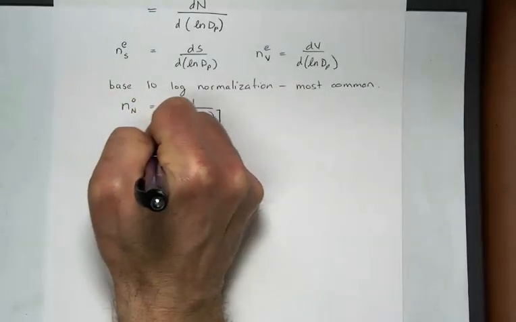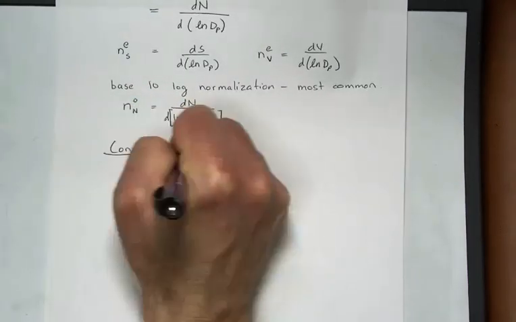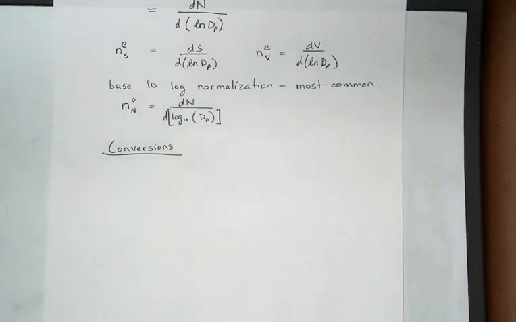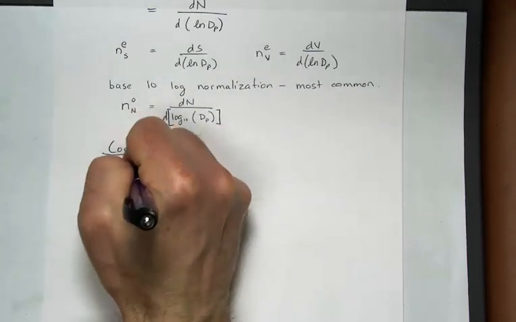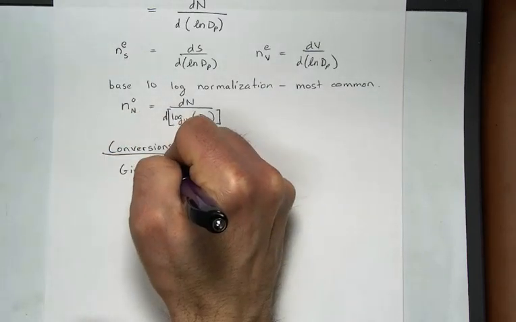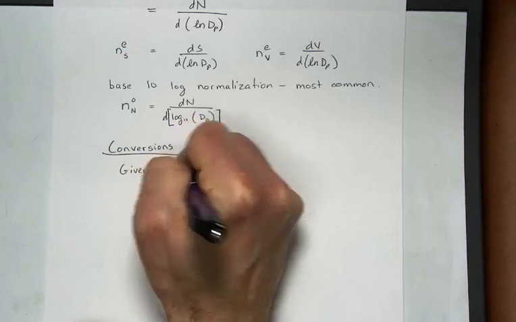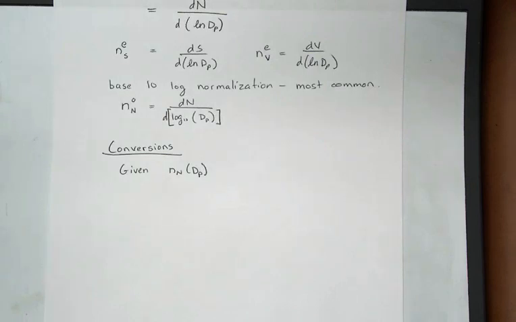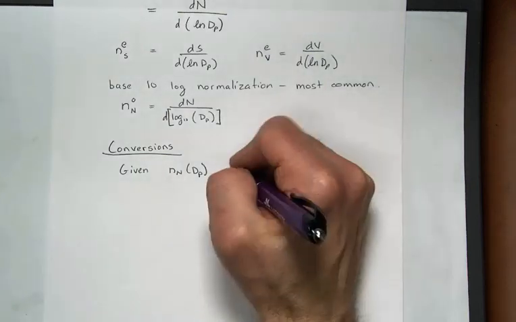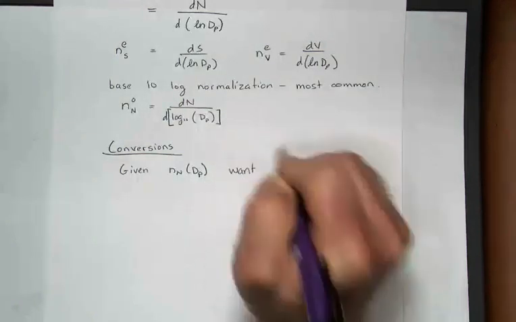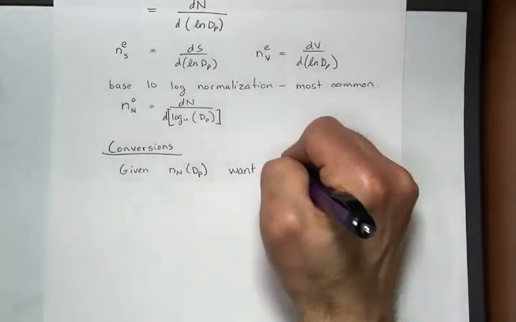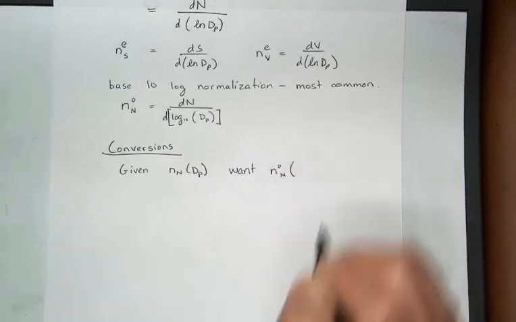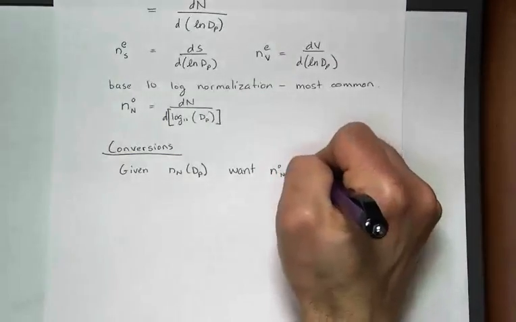So conversions between these, they all have the same information content, so you should be able to convert from one to the other. Let's say you were given a distribution that was normalized to the linear size, and you want to compare to something else, and you need a base 10 log normalized distribution.